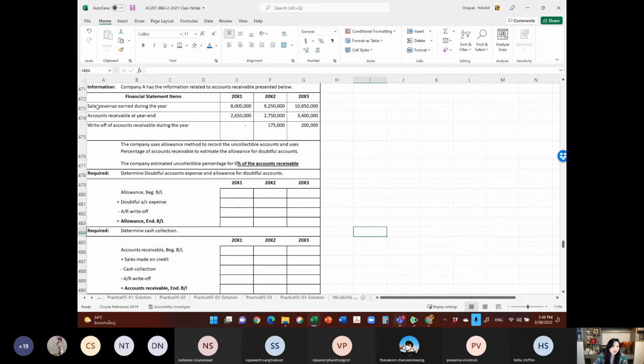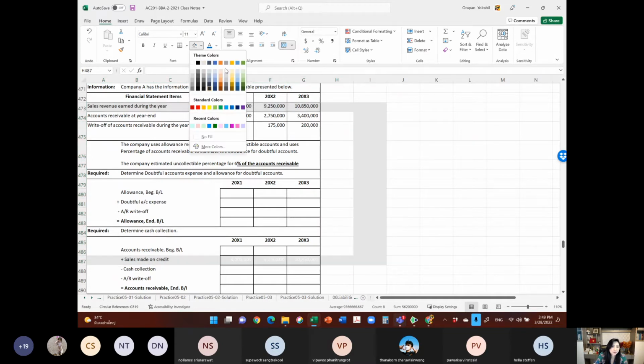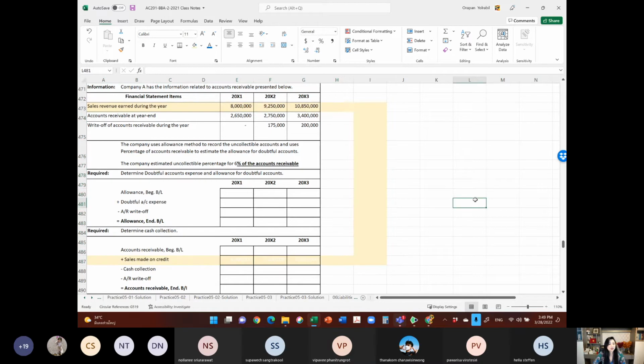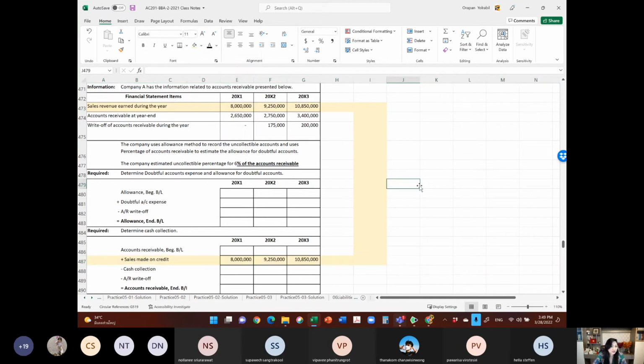Okay. So over here, according to the information given, you know the sales revenue. So you get the sales revenue from the information given. And this sales revenue would, of course, affect the accounts receivable balance.